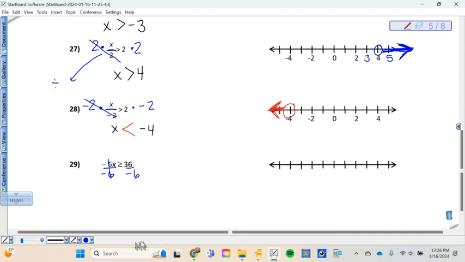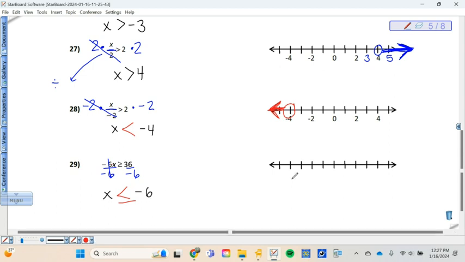My -6's cancel. I've got x by itself. 36 divided by -6 is -6. Okay. Did I multiply or divide by a negative number? Yes, I did. So what do I do? Flip it. Okay.